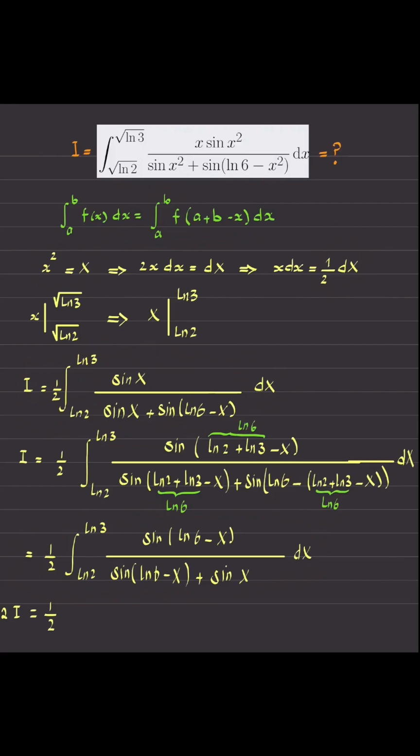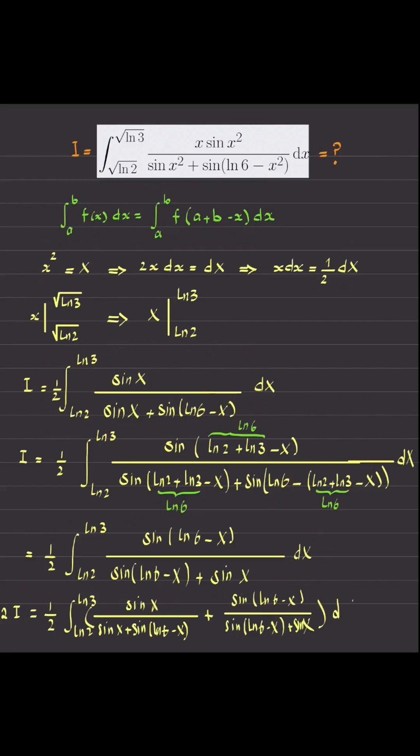So this becomes integral from ln of 2 to ln of 3, and then I will have sine x over sine x plus sine ln of 6 minus x, plus the other integrand, sine of ln of 6 minus capital X divided by sine of ln of 6 minus capital X plus sine x, and everything multiplied by dx.